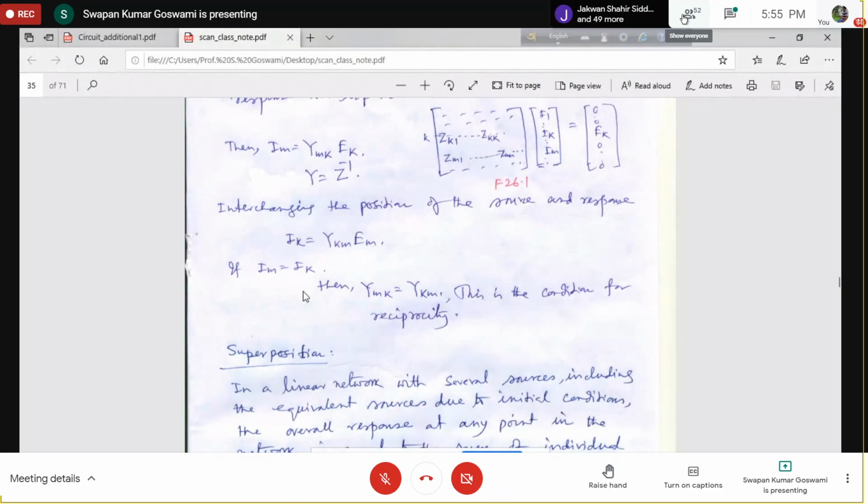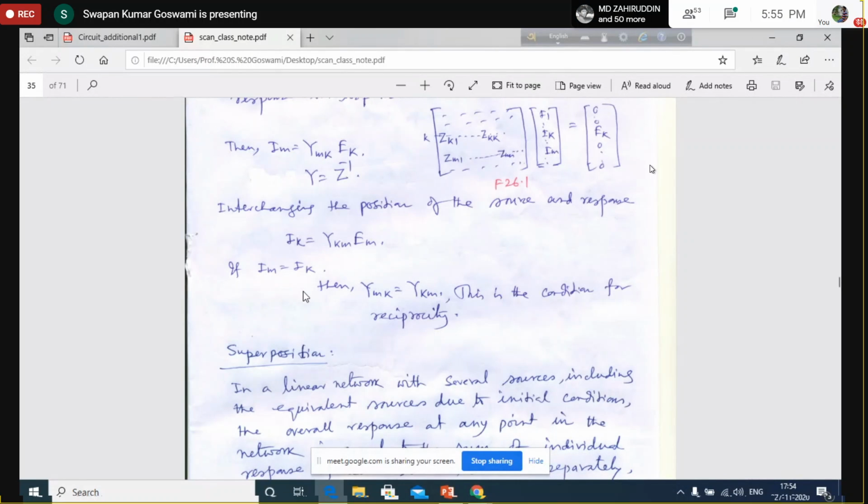Those sources due to... that means the dependent sources are entering here. Okay, তাহলে ওই ধরনের নেটওয়ার্কে that means the network is passive, sources are external, আমি ওই সোর্স গুলোকে বাদ দিলে যে নেটওয়ার্ক পোর্শন থাকে সেই নেটওয়ার্কটা কি প্যাসিভ, যদি এই প্যাসিভ নেটওয়ার্কে, that network is reciprocal if the elements are linear.